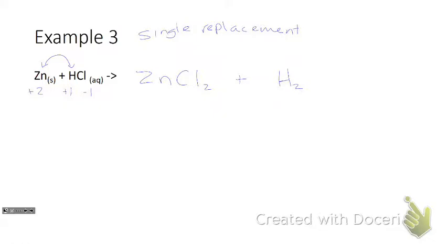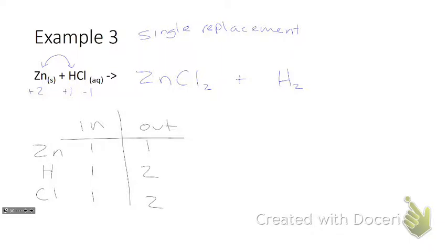Let's do an in and out table for this one. Okay, so I have zinc, I have hydrogen, and we have chlorine. Going in, we just have 1, 1, and 1. Going out, we have 1 zinc, 2 chlorines, and 2 hydrogens. So I just need to fix hydrogen and chlorine on the inside.